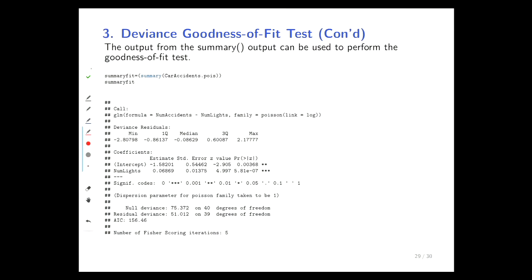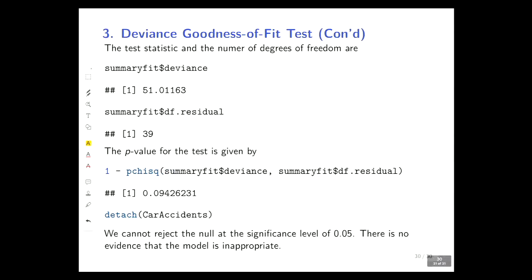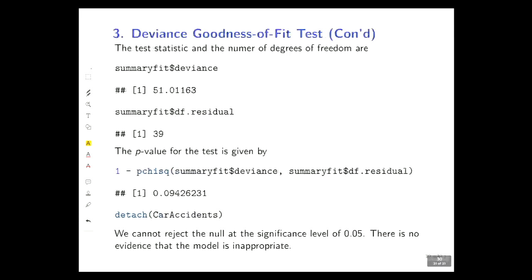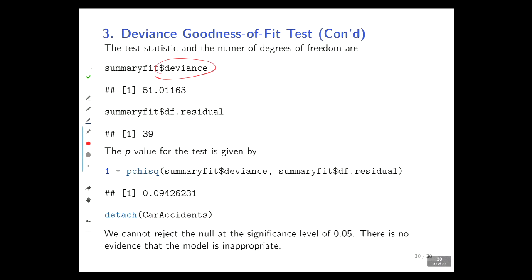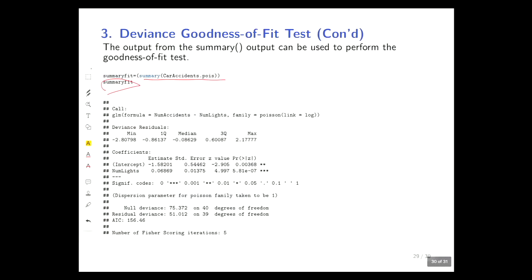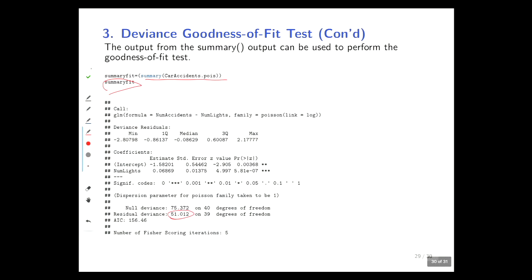Firstly, use the summary output to obtain the summary result. In this summary result, you need to call the deviance. If you use this summary result deviance, you will obtain the model deviance. This is the residual deviance, and it is the deviance of the model.